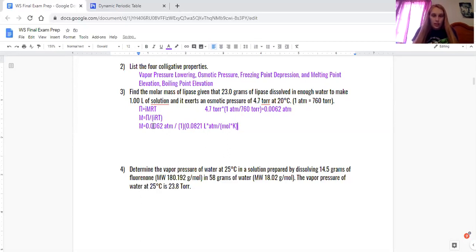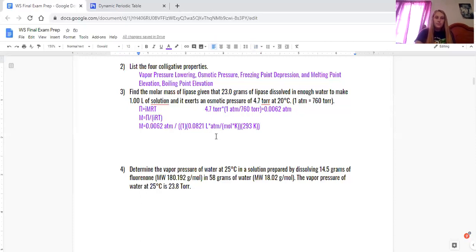We're going to multiply that by our temperature in Kelvin. So that's where you do your math and convert your Celsius into Kelvin, where you do 273 plus our 20, and we come up with 293 Kelvin. And then you have everything there.